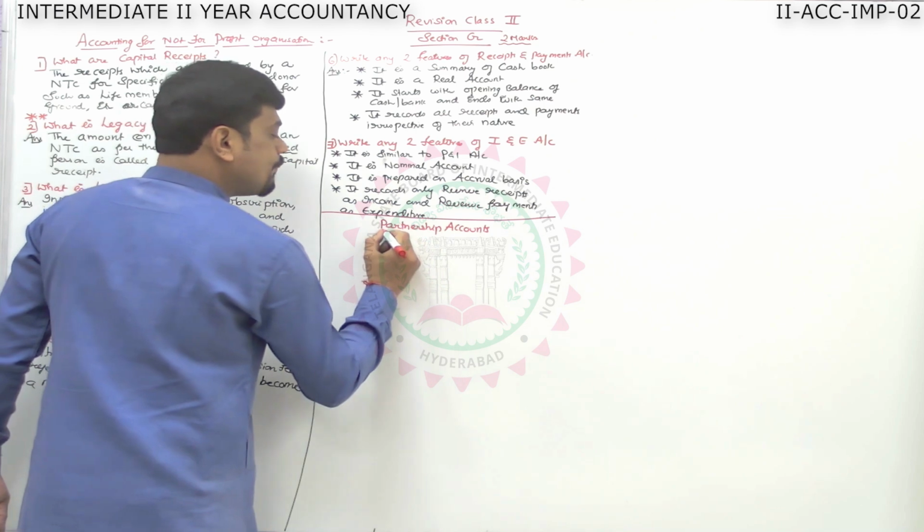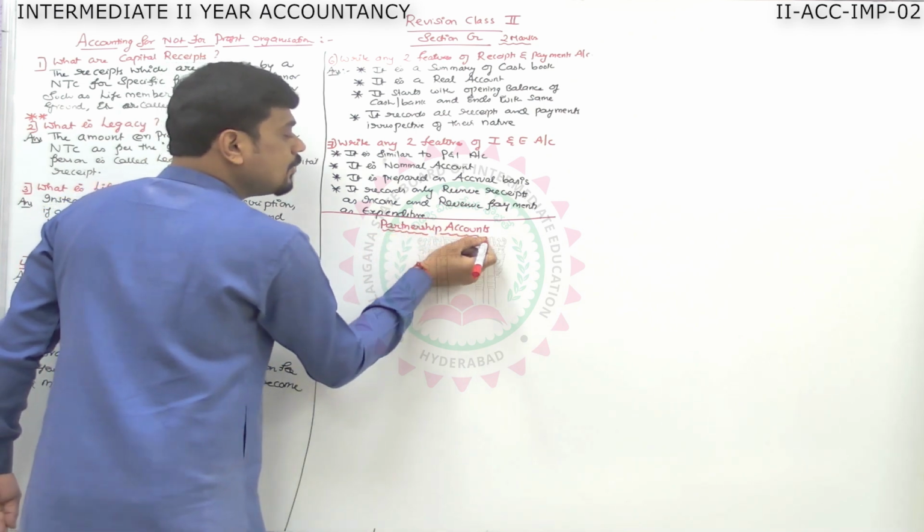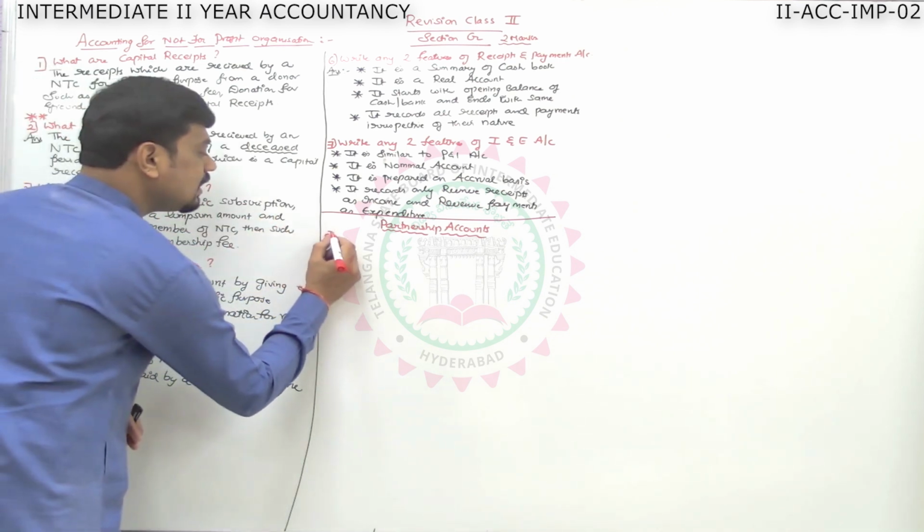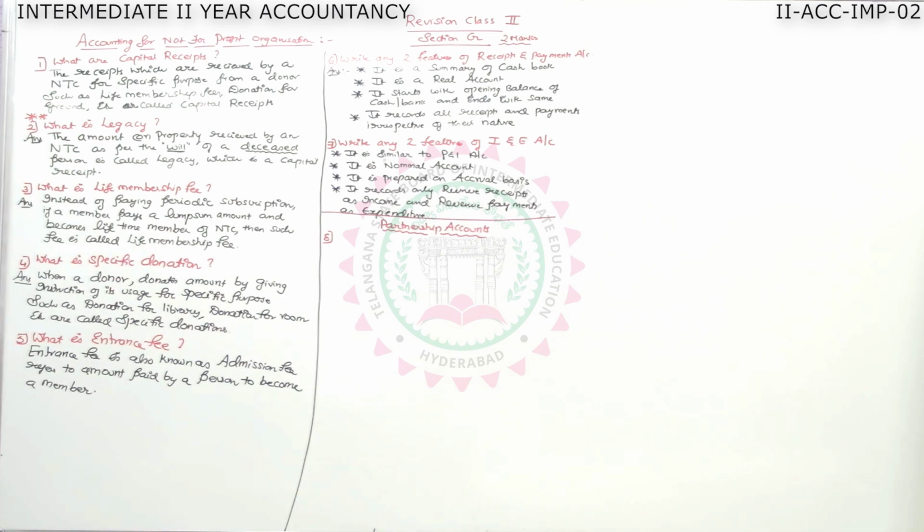As it is, this chapter is very, very important for 20 marks. So, from this chapter, what are the most likely expected questions? So, let us see question number 8 here.